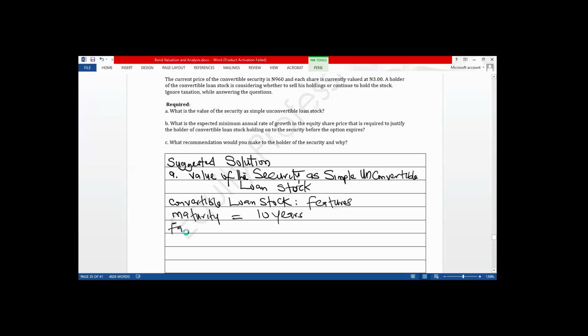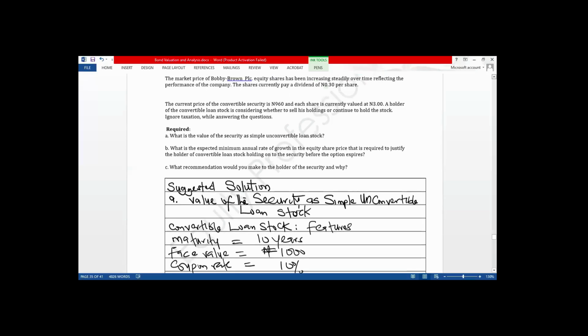The face value of the loan stock. Examiner says 1,000 naira. The coupon rate. Examiner says 10%. Please, you can refer to the question. Look at it, please.